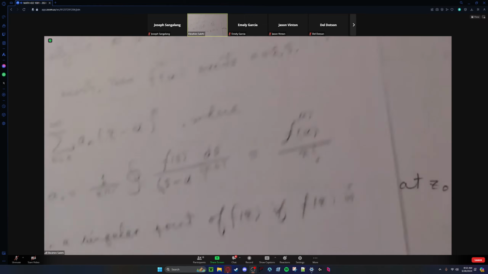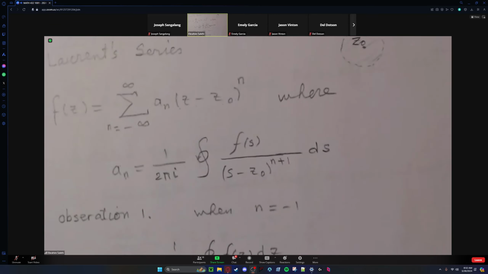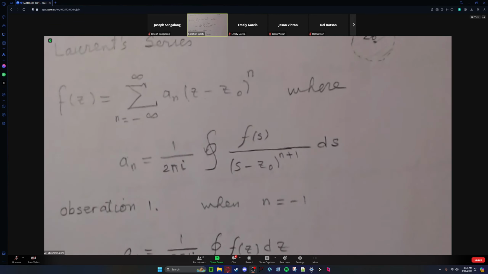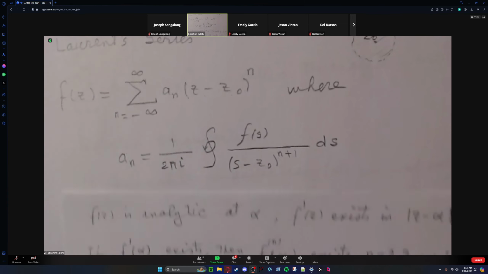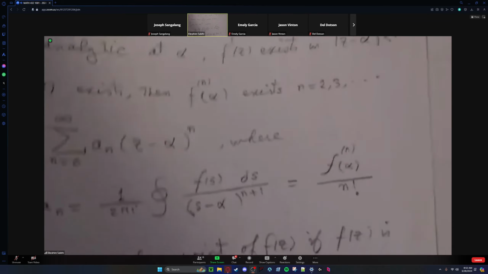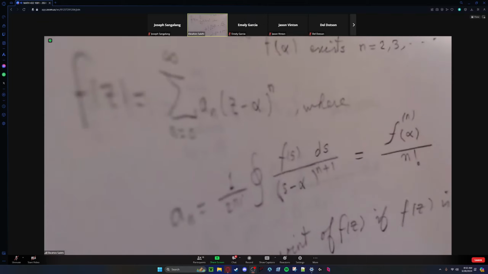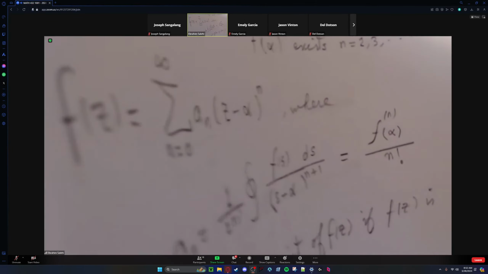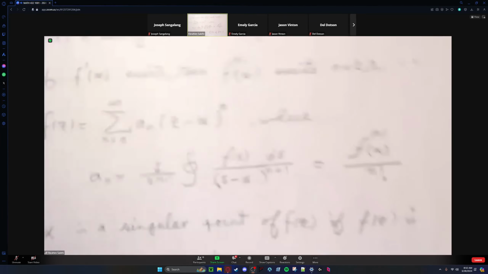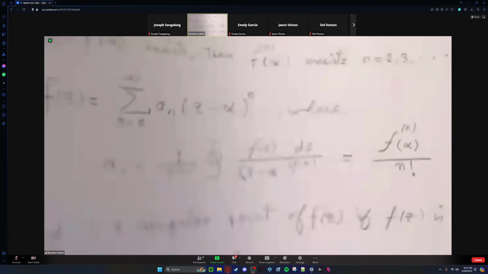Now, the question is, I see Del Dodson says, how do we know where the Laurent series is valid? Well, a lot of times that question comes when we are dealing with, let's say, a fraction.